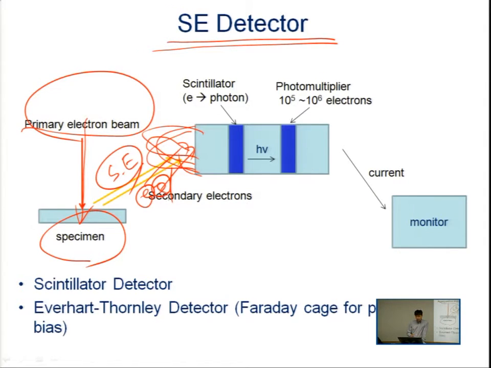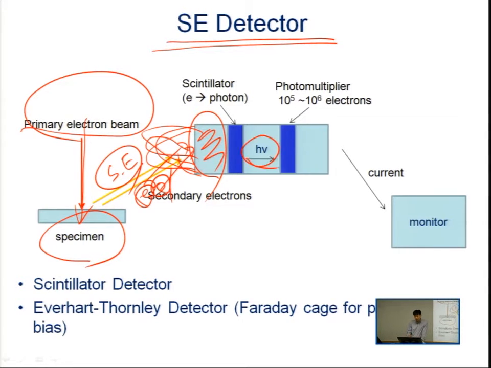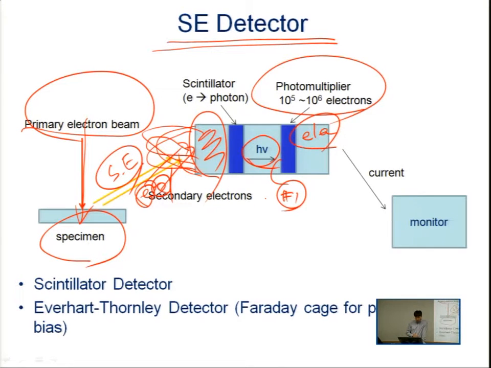Once the electrons hit the detector, it produces photocarriers, these photocarriers are multiplied, and then it is changed back into an electrical signal again. And based on the number of electrons collected, we can make the images.